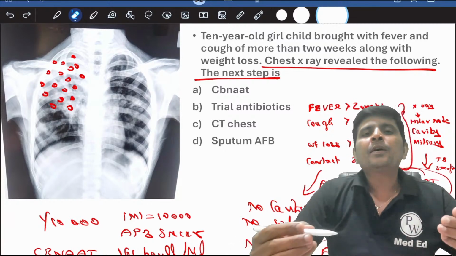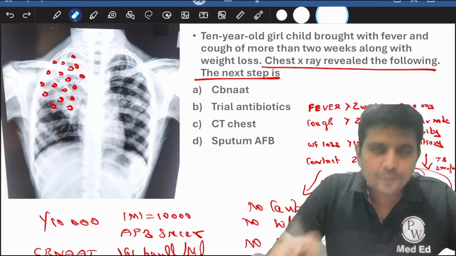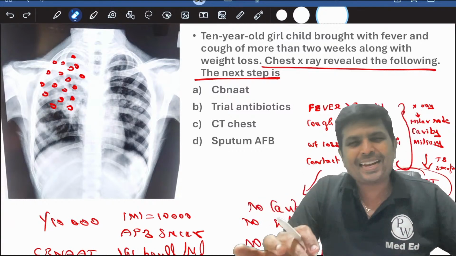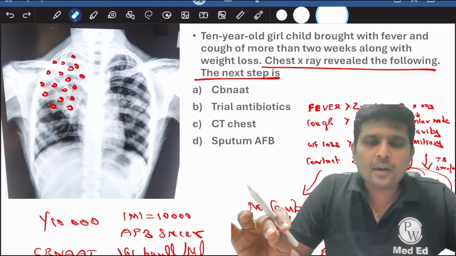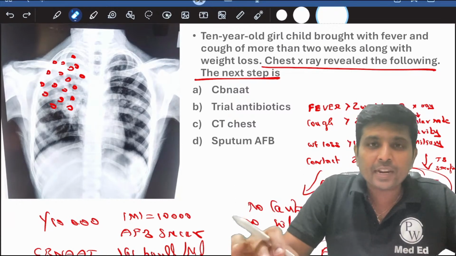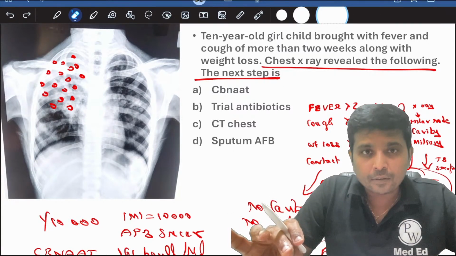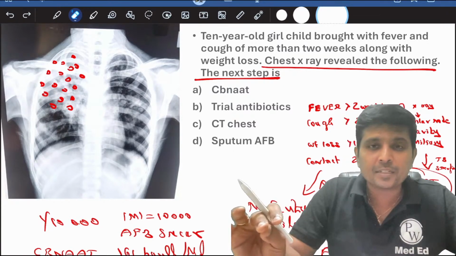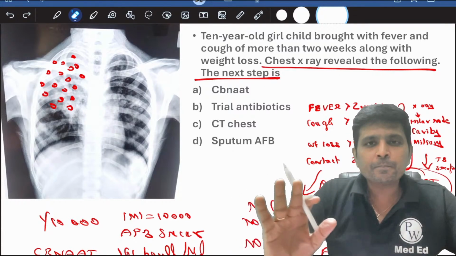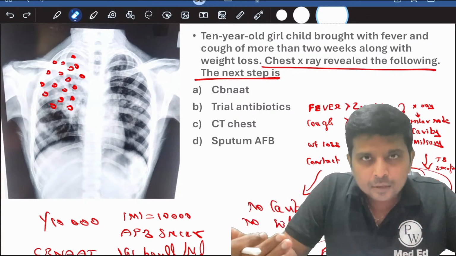Cough more than 2 weeks, fever more than 2 weeks, and a contact who received ATT within the past 2 years, along with weight loss of more than 10%, not 10%, 5% in the past 3 months. That is called TB.